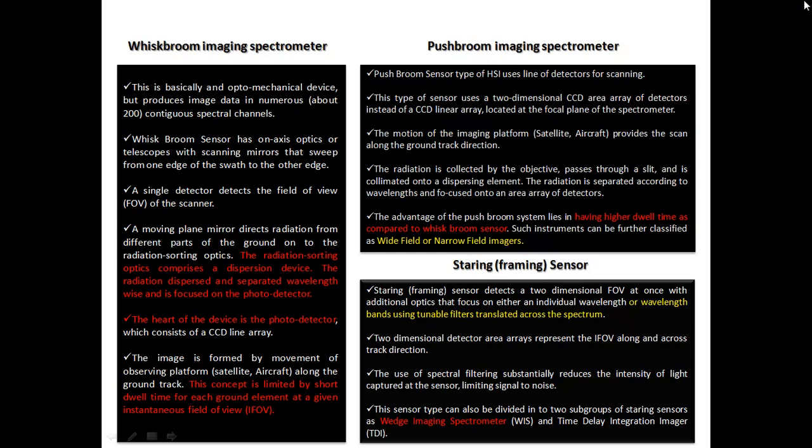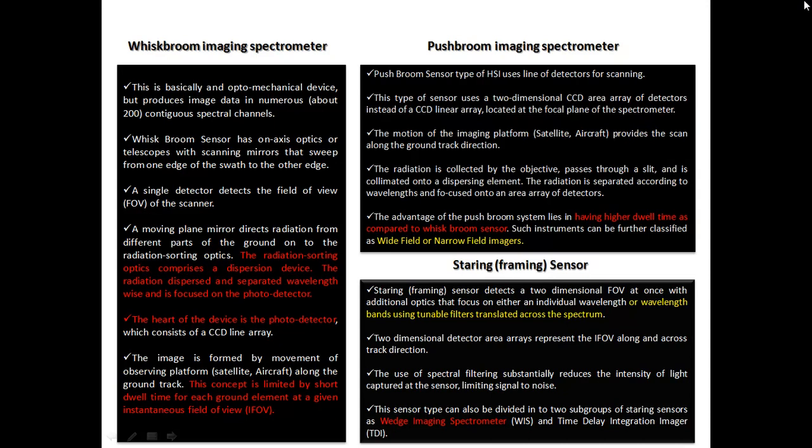In it, the two-dimensional detector area array represents the instantaneous field of view in both the along-track and across-track directions. And lastly, the tunable filter reduces the intensity of the light and reduces the signal to noise ratio.